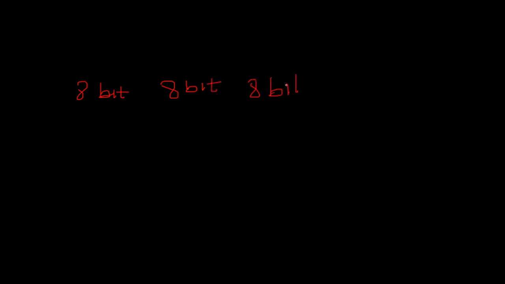So when you take 8 bits times 4, that's where you have 32 bits. That is why I said it's made up of 32 bits. So you have 8 bits, 8 bits, 8 bits, and 8 bits here.